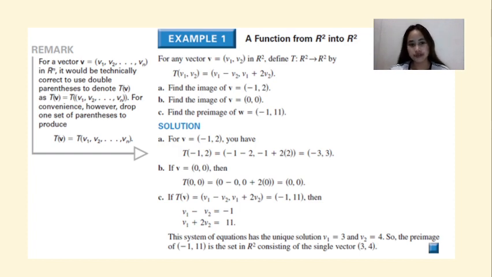Reminder: for vectors b = (b1, b2, ..., bn) in Rn, it would be technically correct to use double parentheses to denote T(b), as T(b) = T((b1, b2, b3, b4, ...)). For convenience, however, drop one set of parentheses to produce T(b) = T(b1, b2, ...).